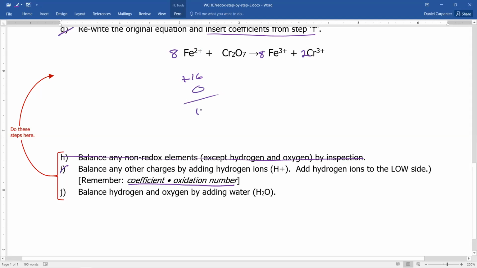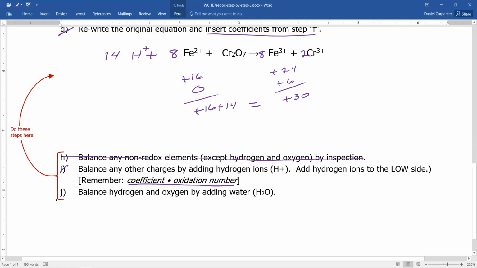So this side's plus 16. 8 times 3 is 24. 2 times 3 is 6. So that's 30. And so 16 plus 14 will equal 30. So that means plus 14 H plus.